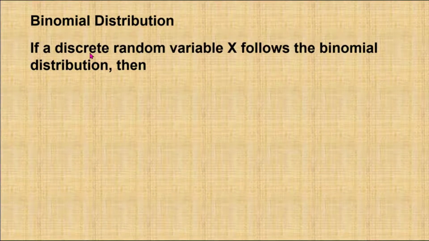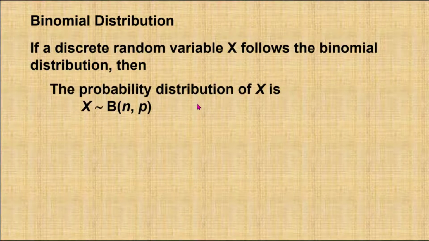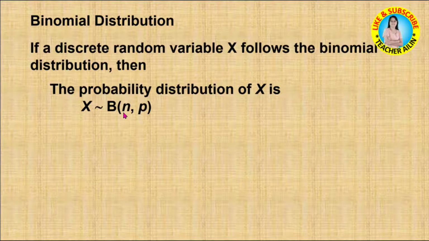If a discrete random variable X follows a binomial distribution, then the probability distribution is denoted this way, where B stands for binomial, n is the number of observations, and p is the probability of success of each observation.